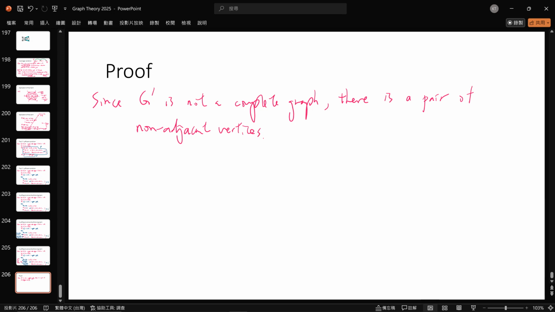Because the graph is not a complete graph, there are some edges that are not on the graph. So this means we can find a pair of non-adjacent vertices.